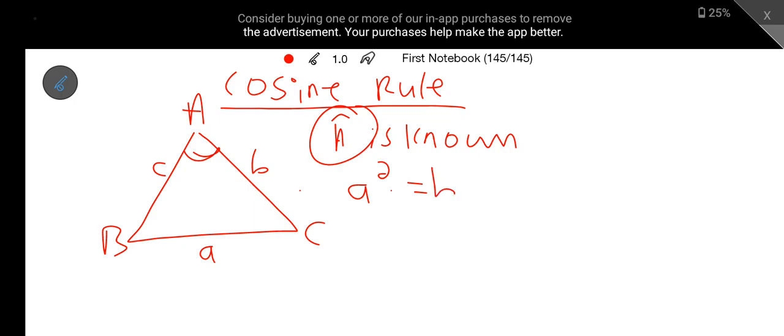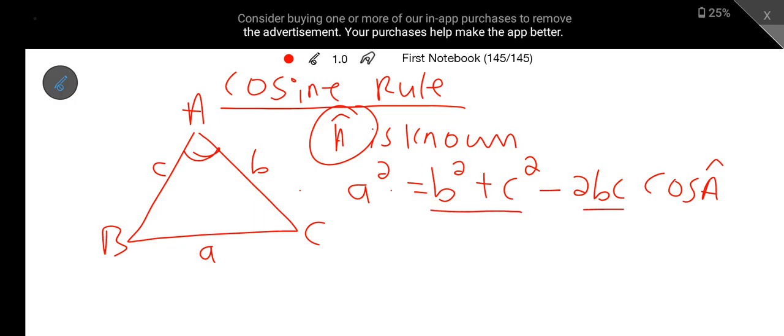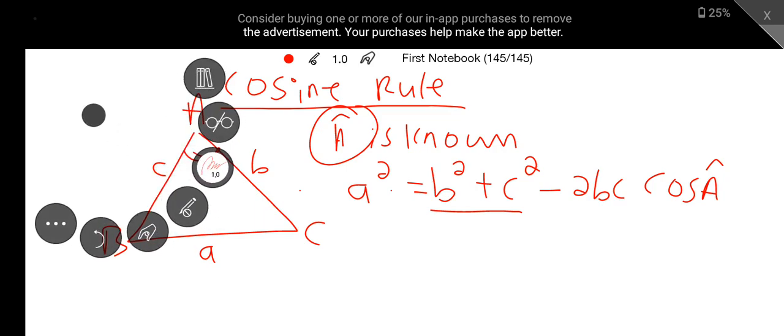So this will be B squared plus C squared minus 2BC multiplied by the cosine of angle A. That is if we know angle A. If you have got BC, even here we'll have BC. Take note of that. And now let's say we know angle B.